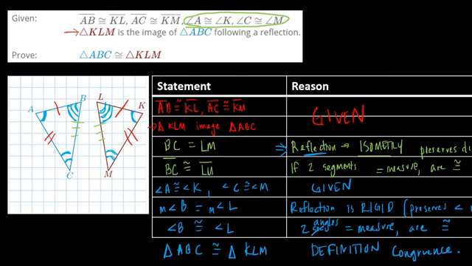Using the same reasoning, I once again called on the fact that this was a reflection, and because reflections are rigid, they preserve angle measures, and I was able to establish that angle B and angle L were congruent. Once I had gathered all this information, I was able to call on the definition of congruence to establish that triangle ABC is congruent to triangle KLM.